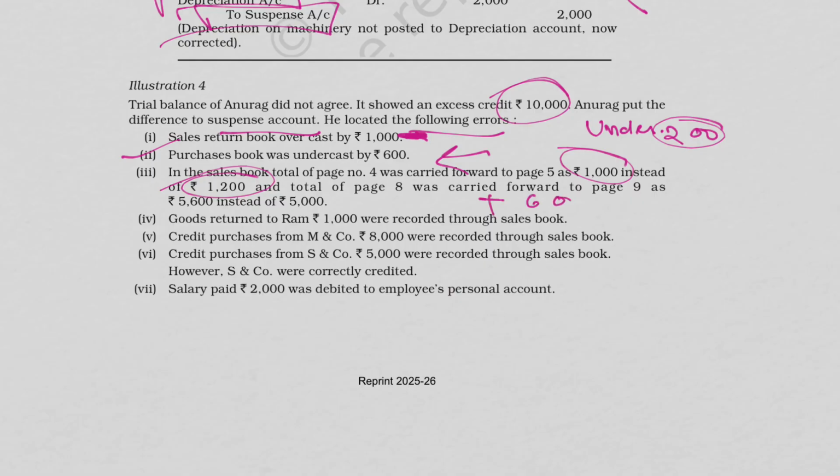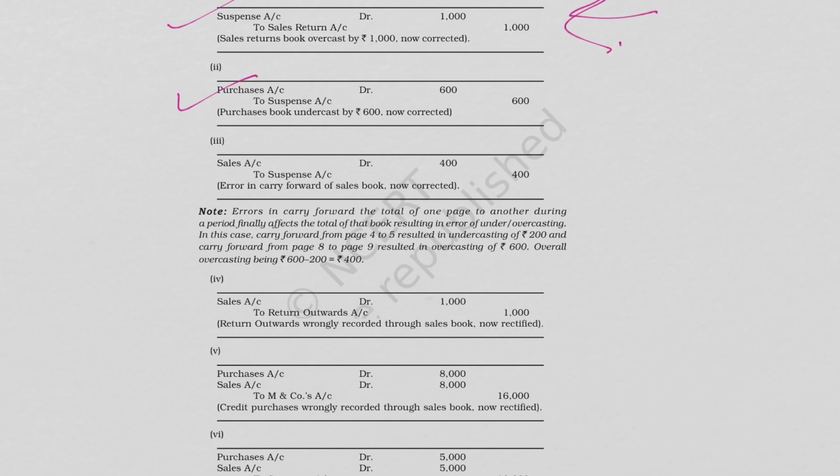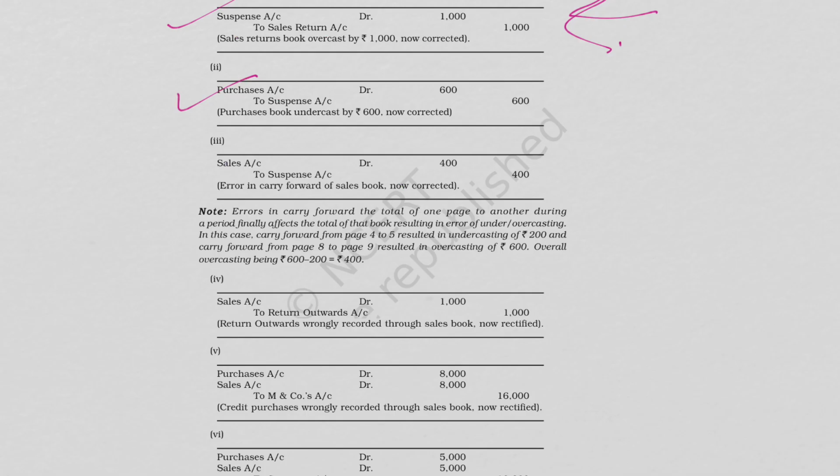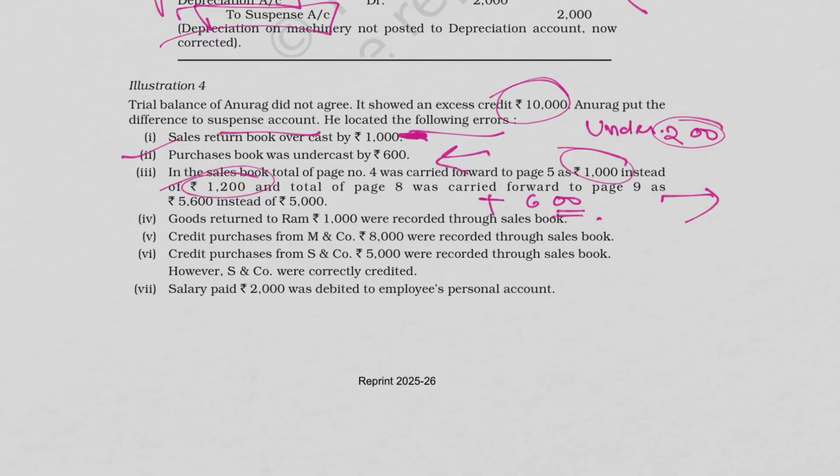So 600 overcast. So basically 400 has been overcast here. So we'll debit sales account by 400 and to suspense account 400. So here basically overcasting has been done of 400.